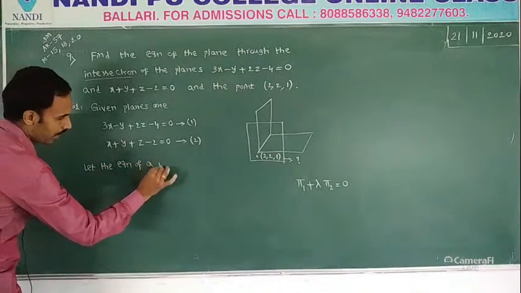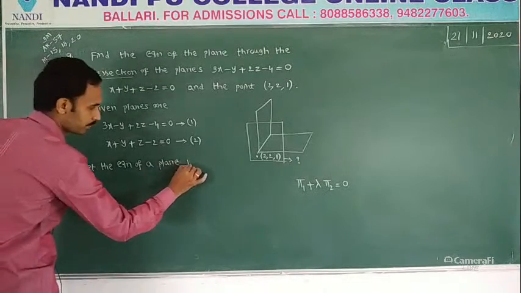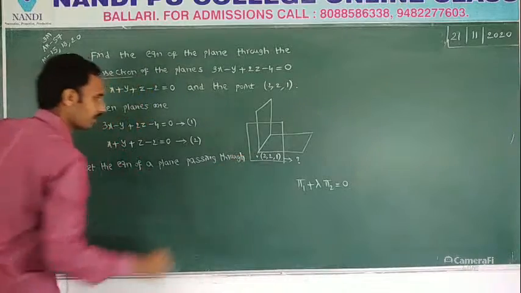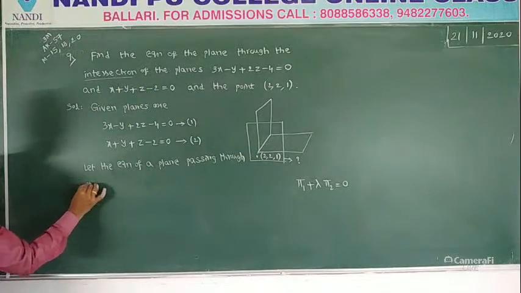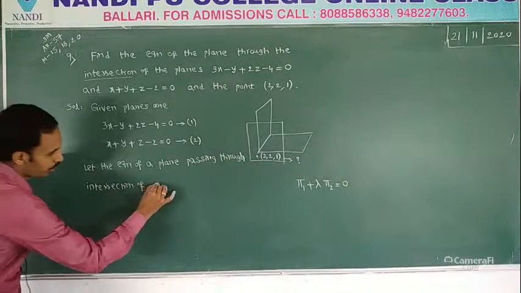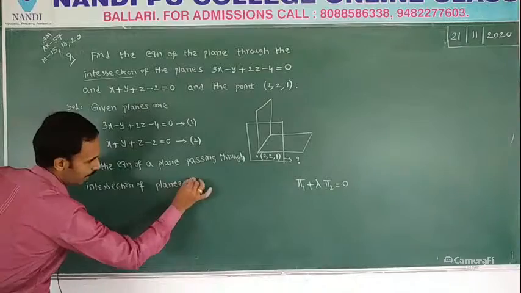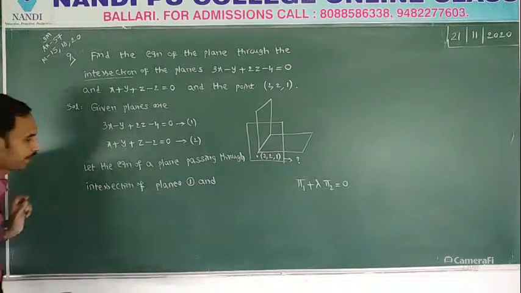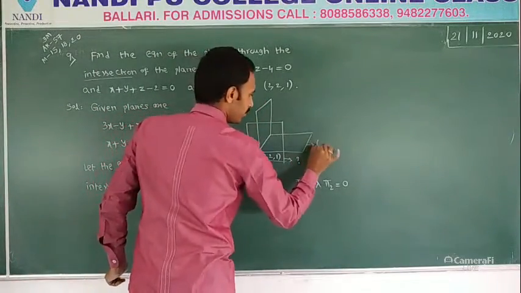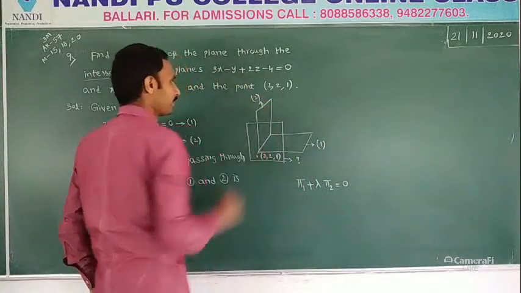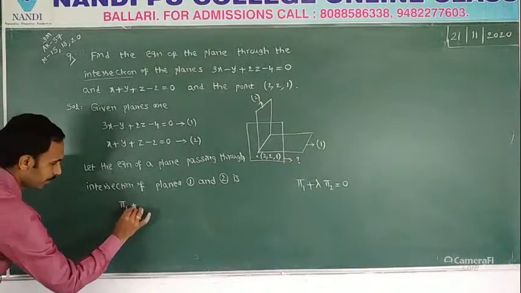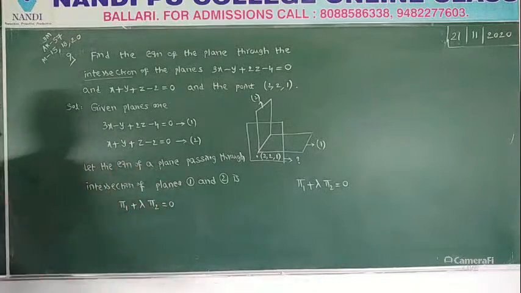Let the equation of a plane passing through the intersection of planes 1 and 2 be pi 1 plus lambda pi 2 is equal to 0.